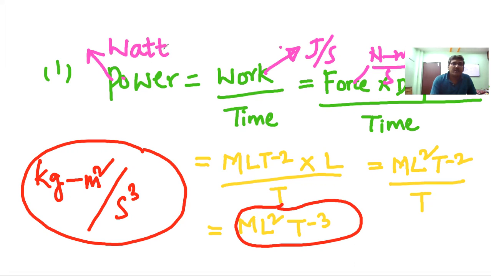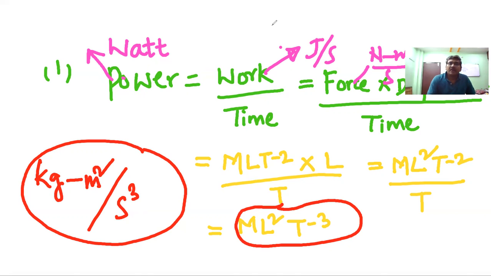That means 1 watt is equal to 1 Newton meter per second, or 1 watt is equal to 1 joule per second, or 1 watt is equal to 1 kg meter square per second cube. This is the overall expression of the power.